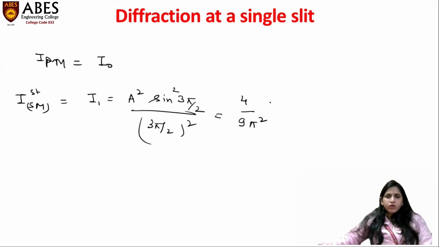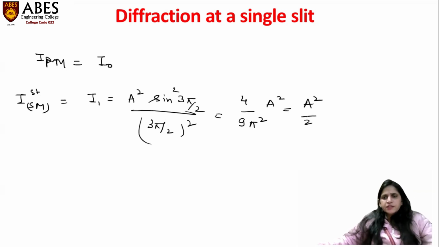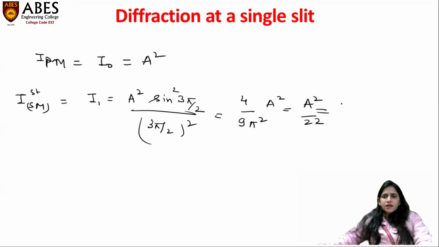pi square into A square, or it is A square upon 22. Okay, what is it? It is A square upon 22. So what is A square? The intensity of principal maxima is A square. It means it is I naught.